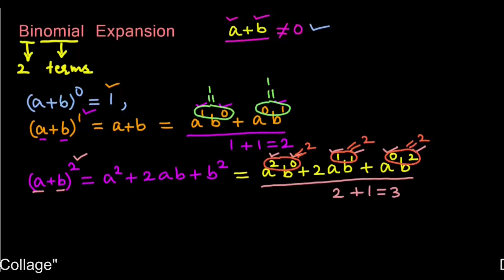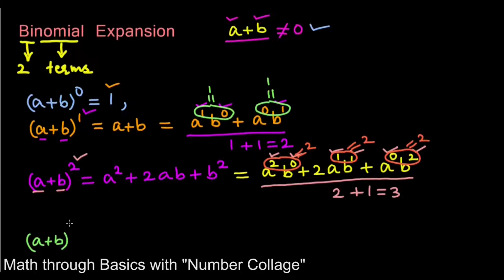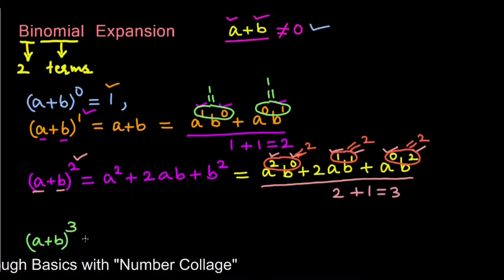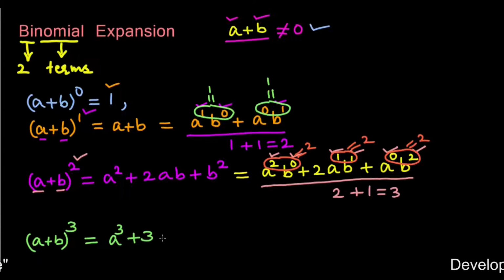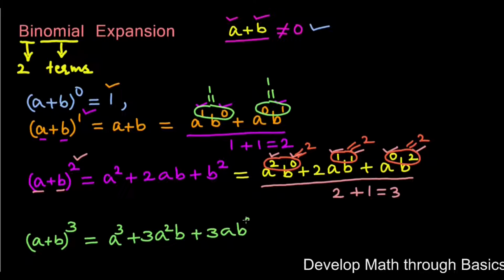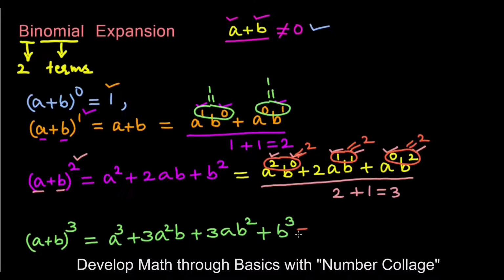Next we will consider the binomial a plus b raised to the integral power 3. This is also a well-known identity, a plus b cube, which we often write as a cube plus 3a squared b plus 3ab squared plus b cube. We will rewrite this expansion once again.